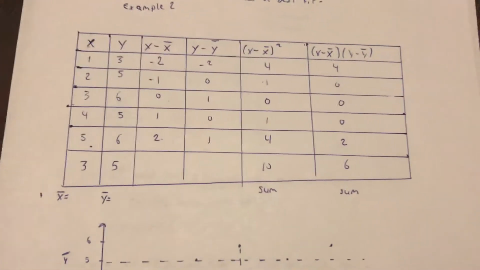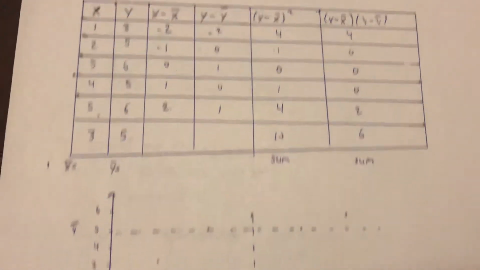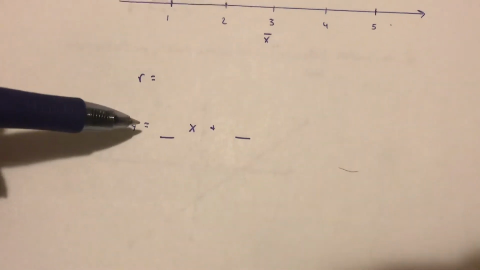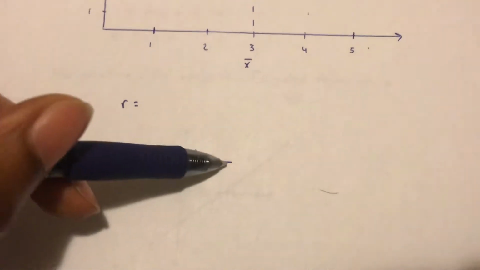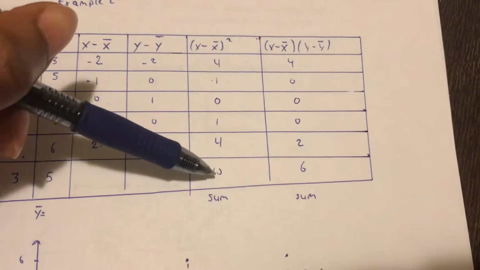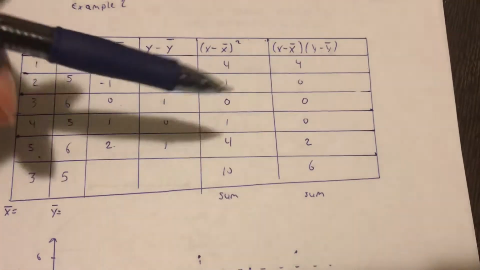And what we need to do now essentially is to find our m value for our equation y equals mx plus b. And to find this, we need to sum up each of these values, and I've done that for you, just to save time.